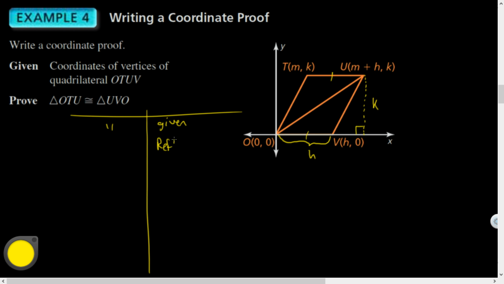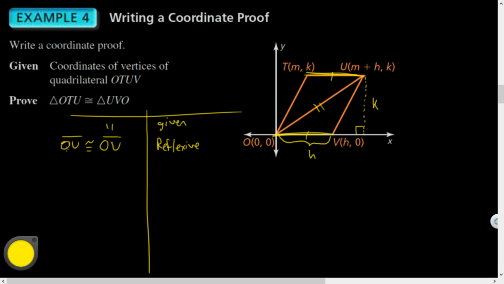What is congruent to itself by reflexive? OU. All right, so OU is congruent to itself.